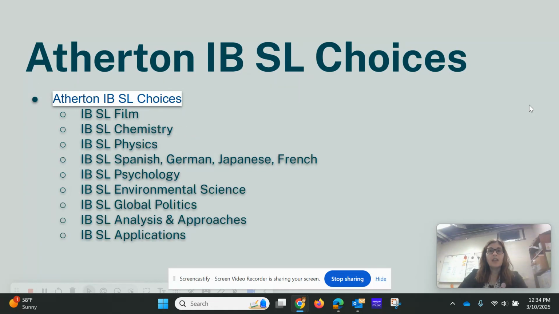These are the SL choices that Atherton offers: IB-SL Film, IB-SL Chemistry, IB-SL Physics, IB-SL in the language of Spanish, German, Japanese, and French, IB-SL Psychology, IB-SL Environmental Science, IB-SL Global Politics, IB-SL Analysis and Approaches, and IB-SL Applications.